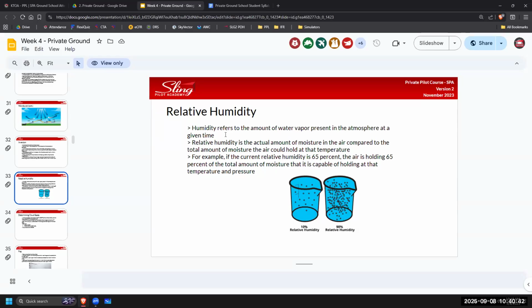That's why they have the cup here. The cup can only hold so much at a certain temperature and pressure, and then the percentage they give you of humidity is how much of it it's actually holding based on the temperature and the pressure. So relative humidity of 65% is 65% of the total moisture that the cup can hold.